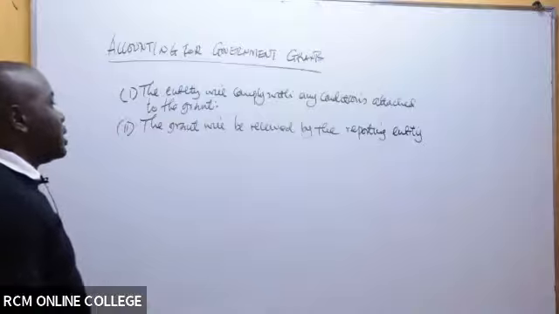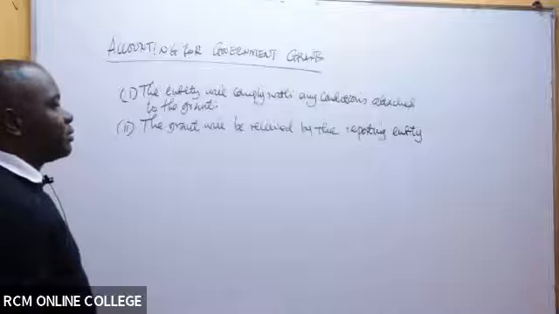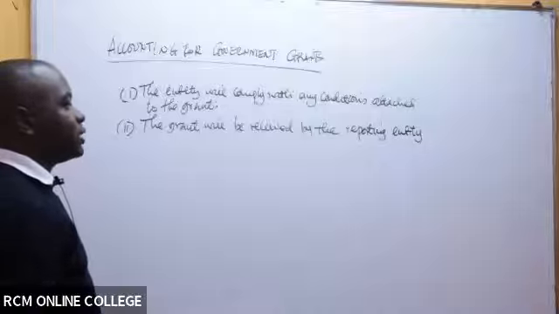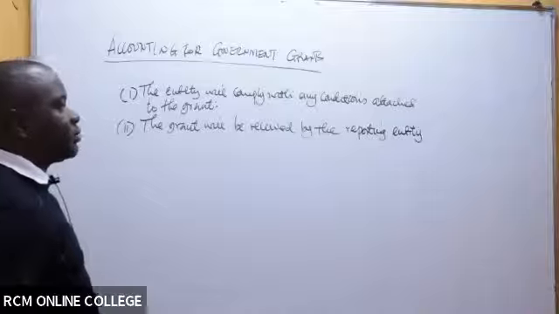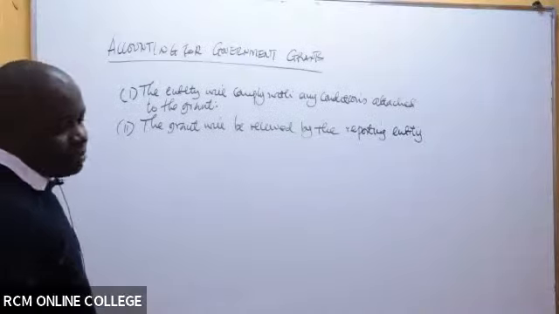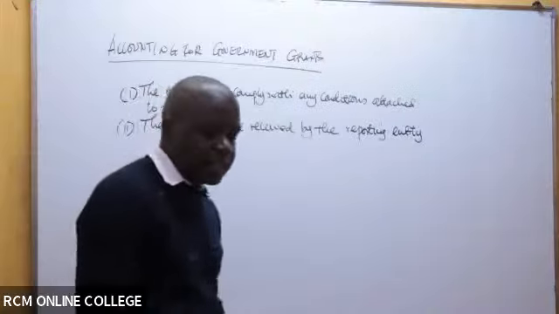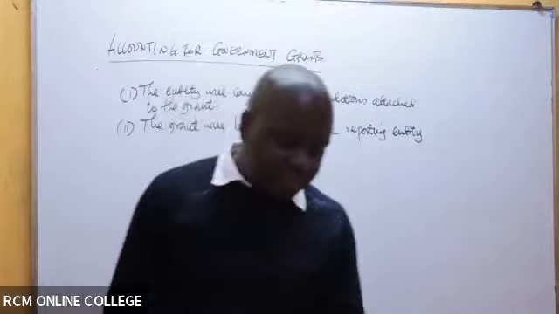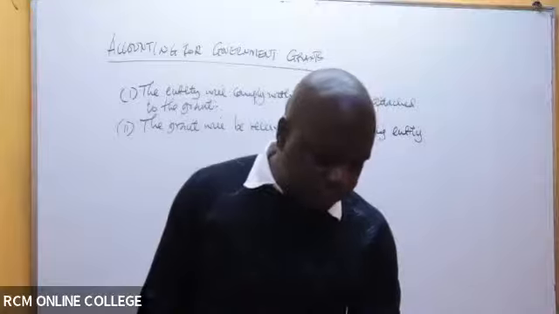There can be a number of indications of whether they have received it, maybe through the bank statements of the reporting entity. If it has been received, then they need to report it in their books of accounts.